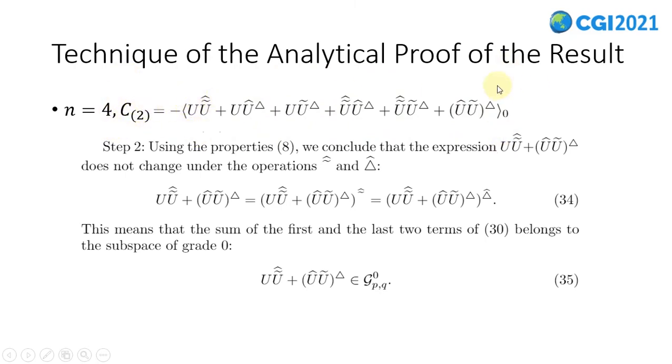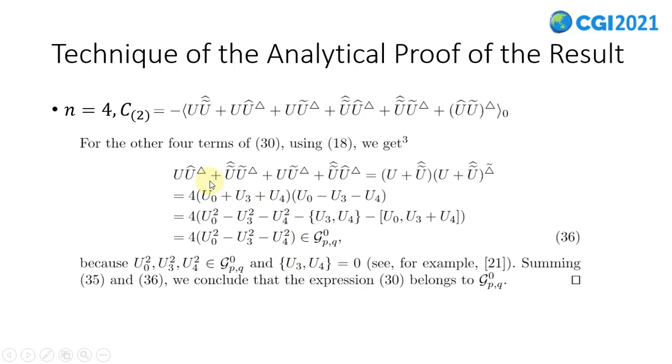In other words, we have to show that this expression inside the scalar part operation is an element of grade 0. One could notice that the sum of the first and last term does not change under this operation of conjugation. This means that this sum belongs to the subspace of grade 0. As for the remaining 4 terms, they can be regrouped as follows.